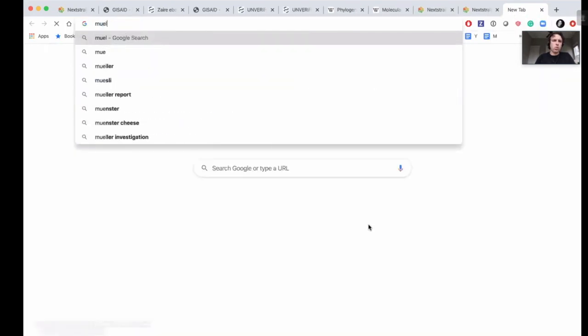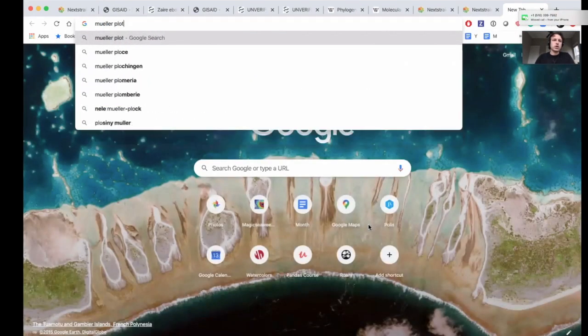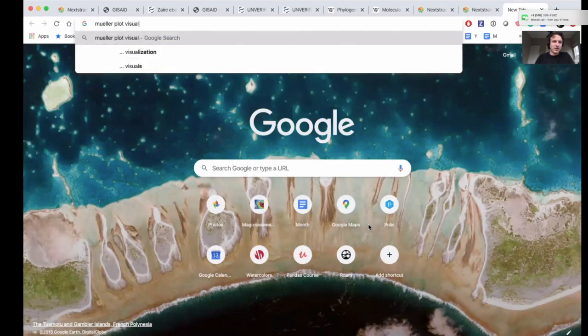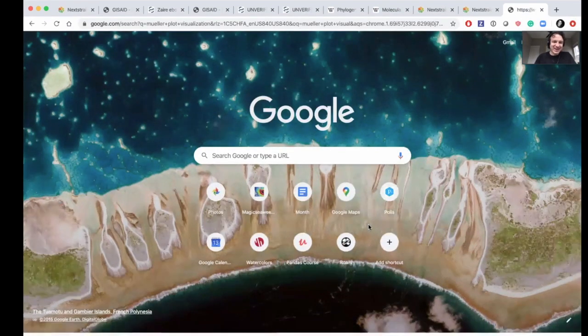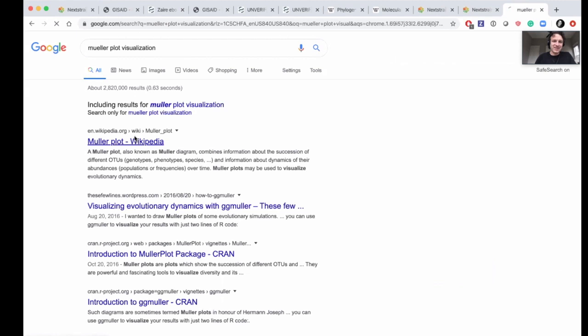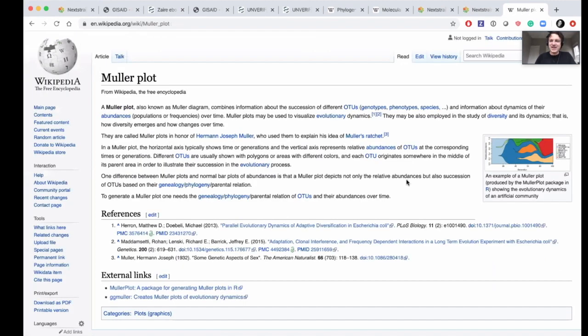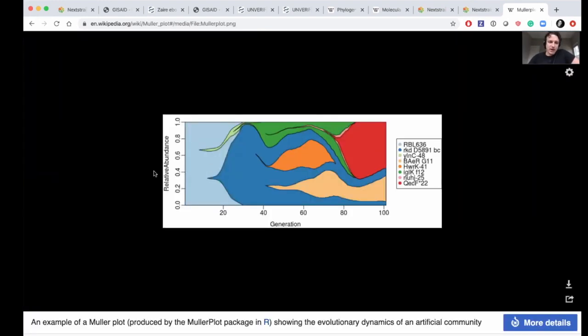Let me look that up. Okay, there we go. Is this it? It is. So for everyone following us from the visualization side, this is a Muller plot.